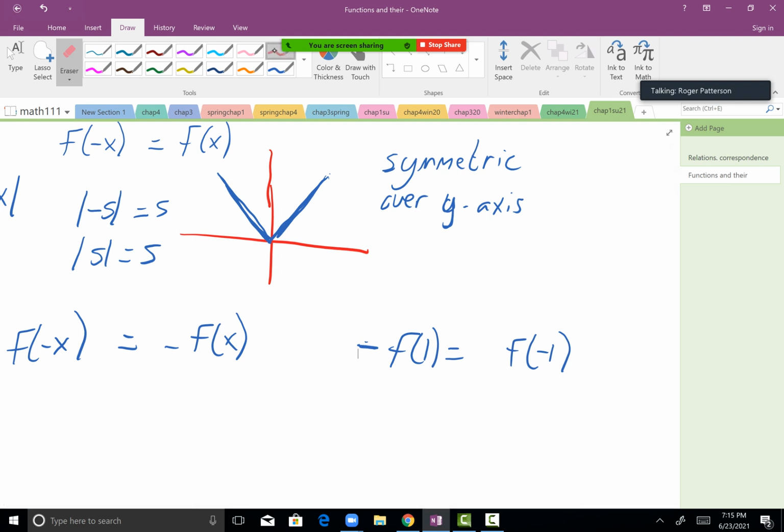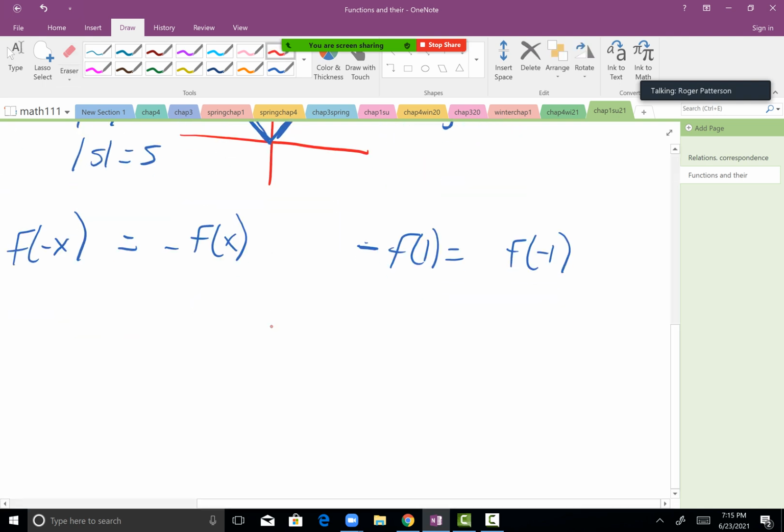So what that looks like is a little different. It's kind of like this. We had a graph kind of like that. I drew one like that on Monday. That takes this one and rotates it around the origin 180 degrees.